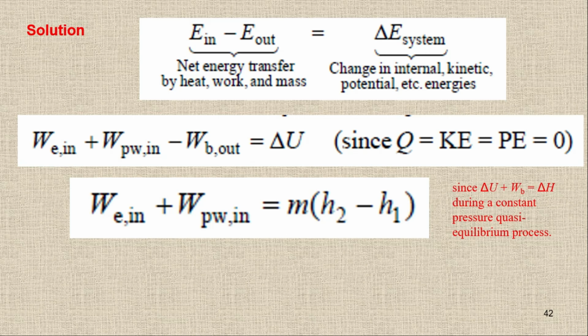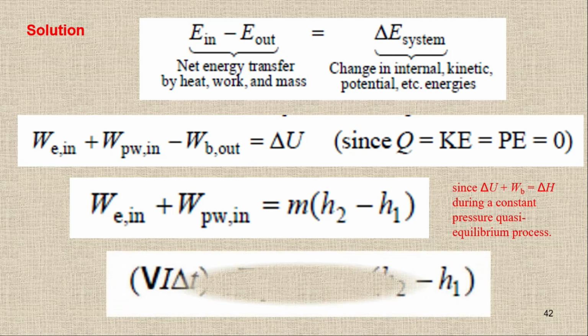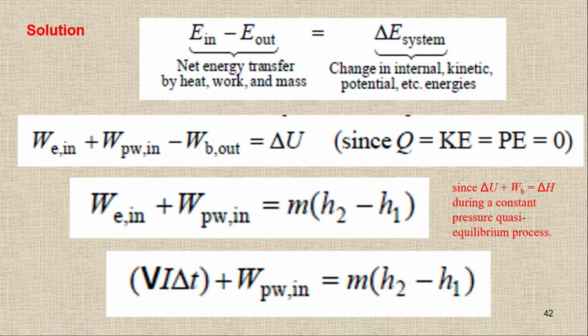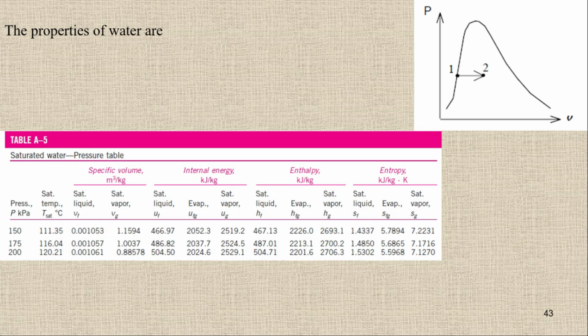Now, with the given pressure, or with the initial state, I have to use the table A5, this one. Why am I going to use the table A5? Because it is the saturated liquid pressure table, and pressure is given.